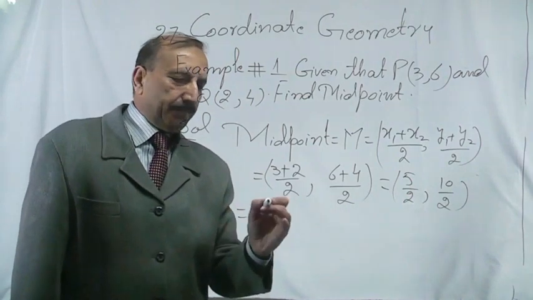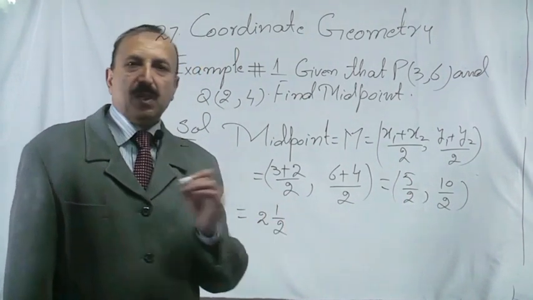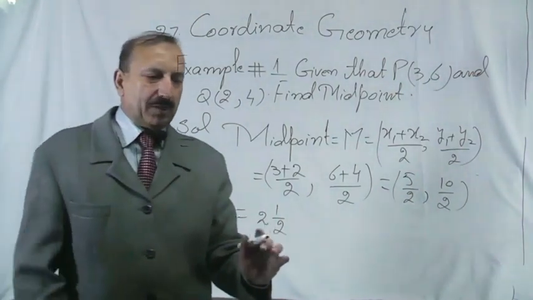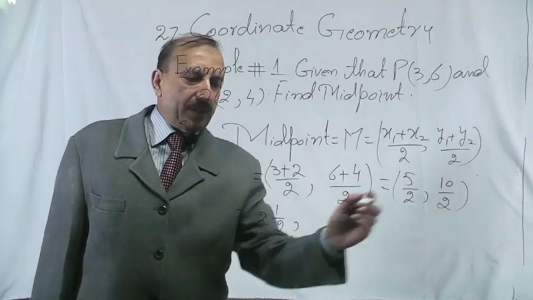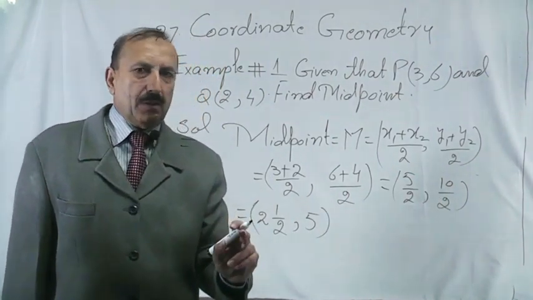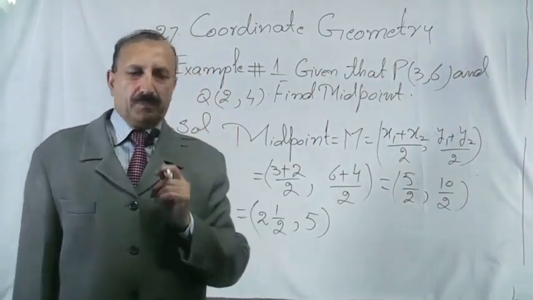The 5 by 2 can be written as 2 whole number 1 by 2. I will convert it into a mixed number. It's better to write it as a mixed number here, and when we divide 10 by 2 we will get 5. This is the midpoint between these 2 given points P and Q.